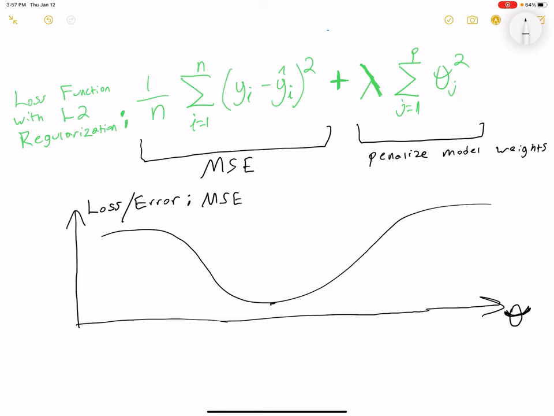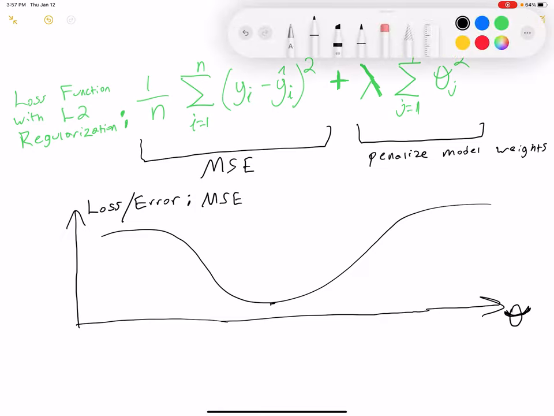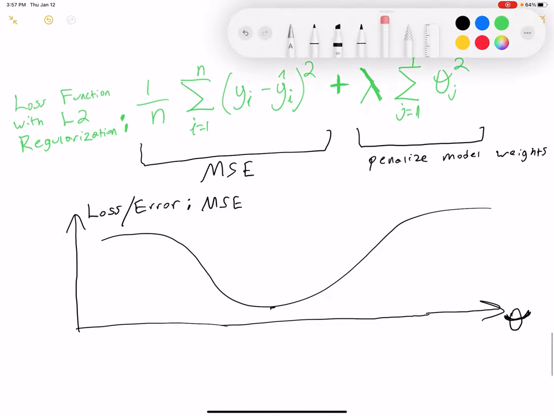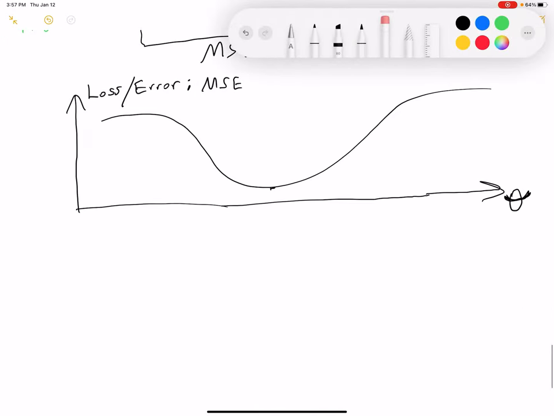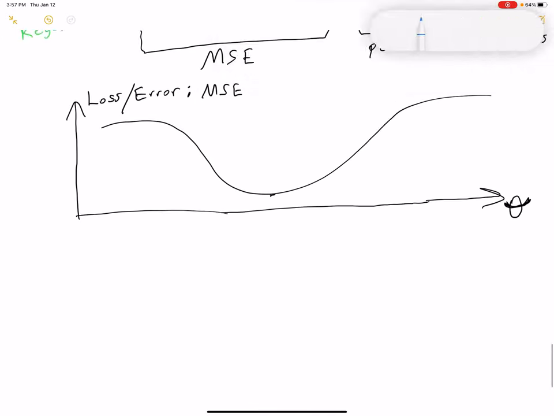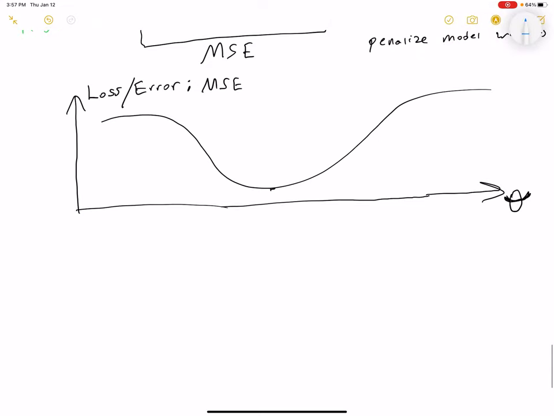If we add the model weights, then we're saying we're actually going to make this value, which we're trying to minimize, higher for the more model weights that you have. Let's do a specific example. Let's go to the polynomial regression example.